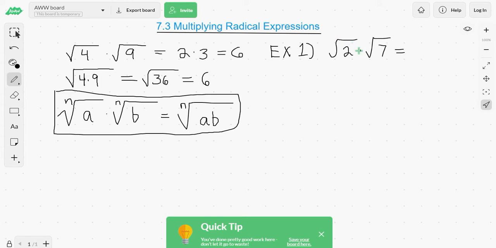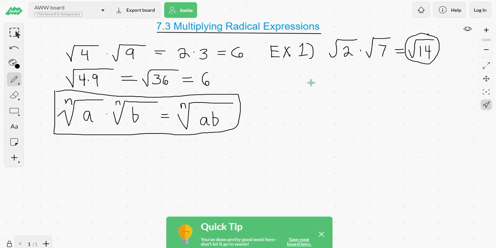As long as they're the same index, here a square root and here a square root, so the index is 2 in either case, then you can just multiply the insides together. So we just get the square root of 14. And this can't be simplified or anything like that.